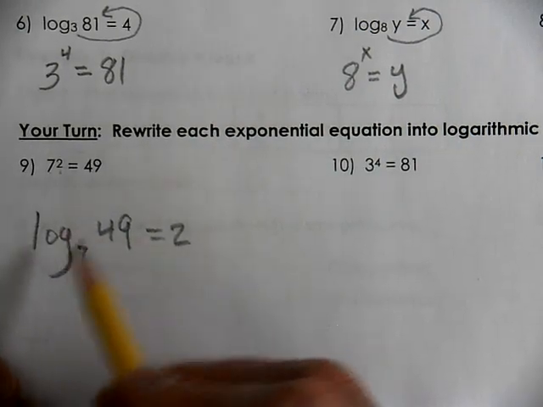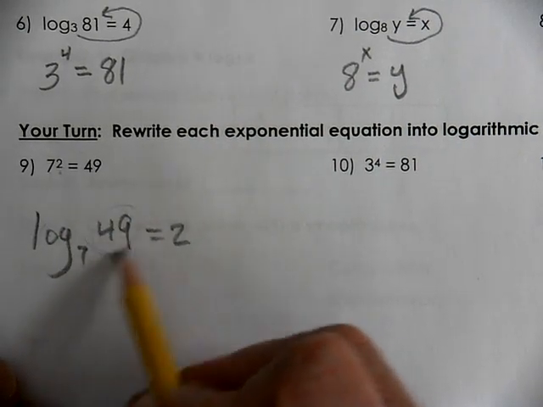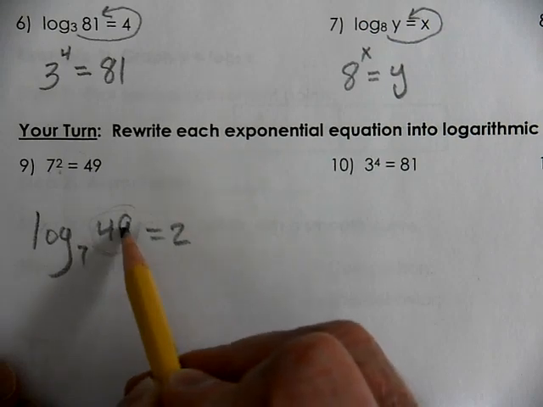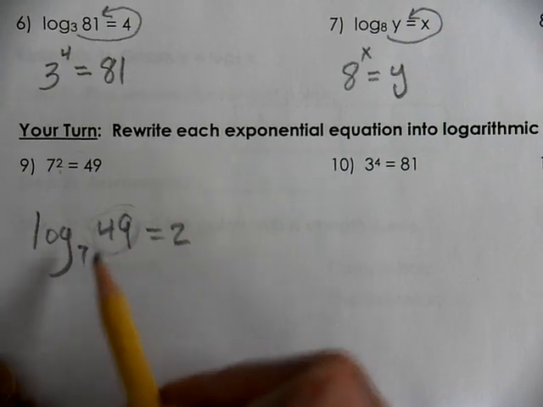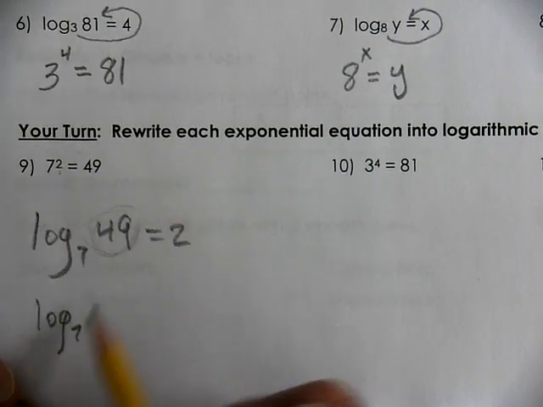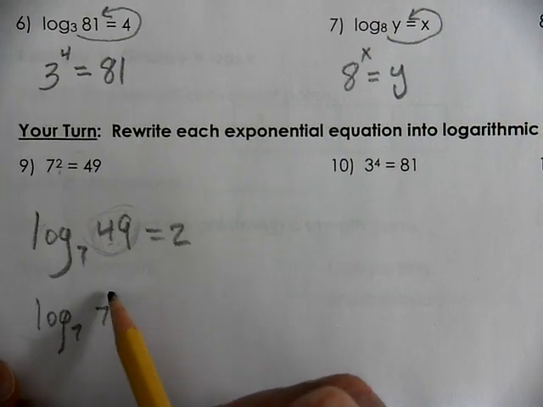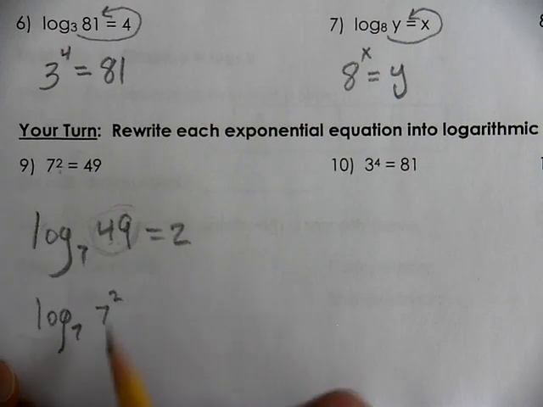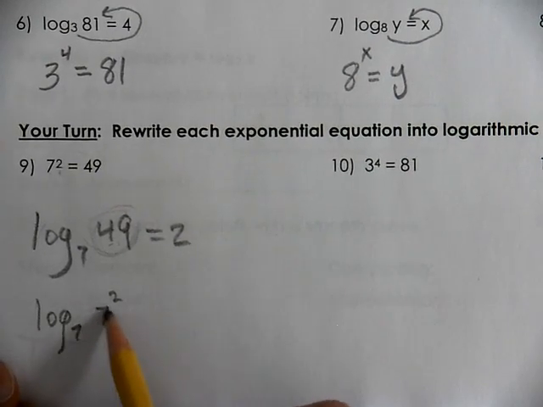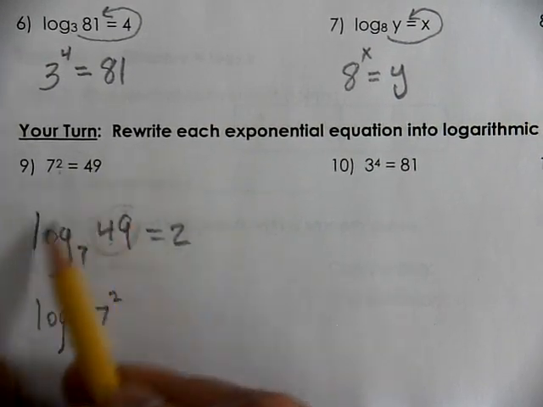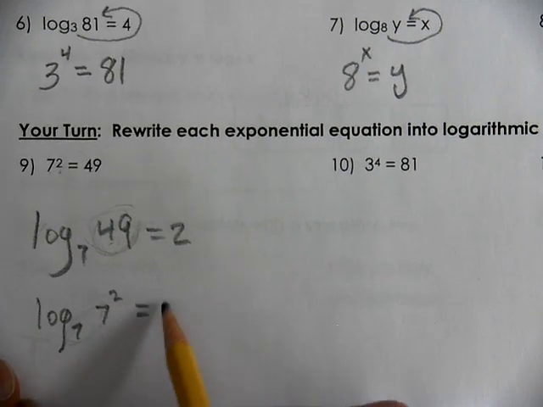When we start to get a little farther in understanding, if you can write what you're taking the logarithm of with the same base as the logarithm, can you make 49 have a base of 7? 7 squared is 49. Since these two things are the same, the answer of this logarithm is 2.